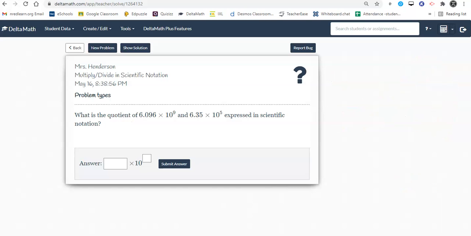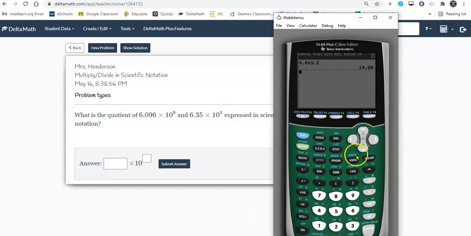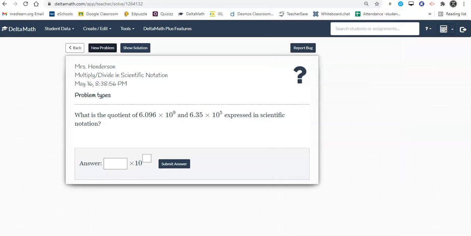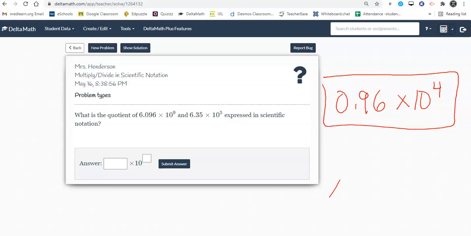Now I definitely need a calculator to do this math. So I'm going to pick up my calculator here, and I'm going to type in my coefficients, 6.096 divided by 6.35, and I get 0.96, 0.96 times 10 to the 4th. Now again, although this is the quotient, that number's too small.